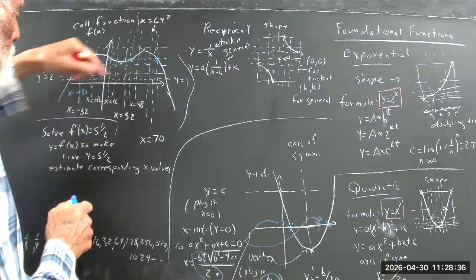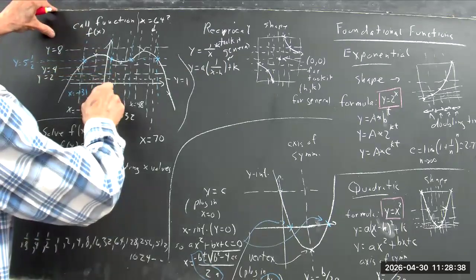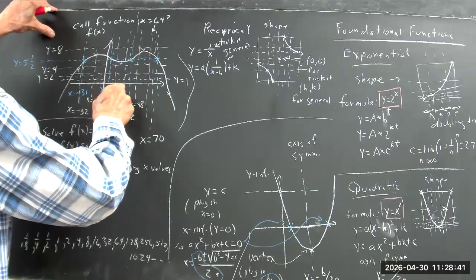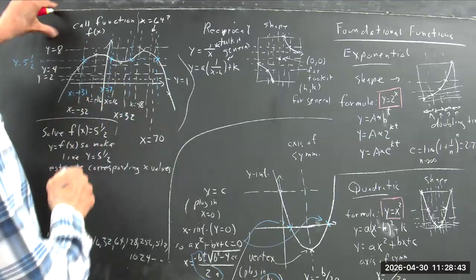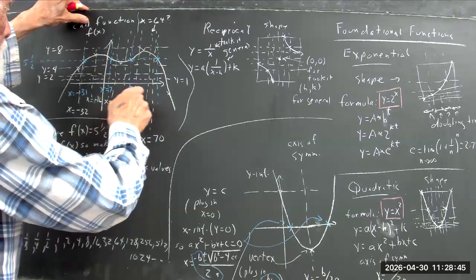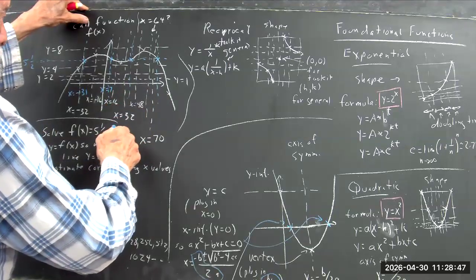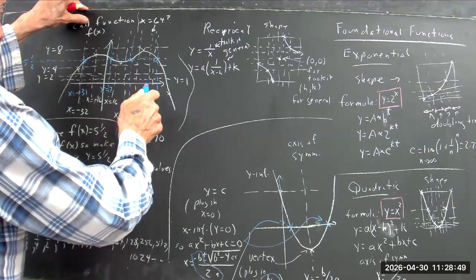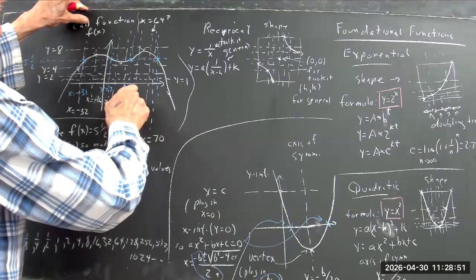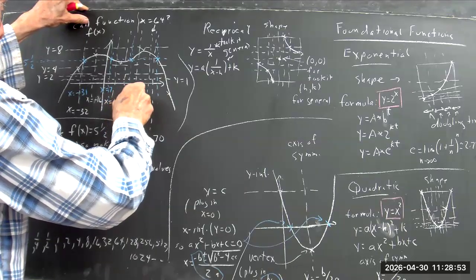This is between x equals 0 and 16, so I'm going to estimate x equals 7. It's a little to the left of the center. This is about halfway between 32 and 48, so I'm not going to split hairs. I'm just going to say that x is about 40 here.